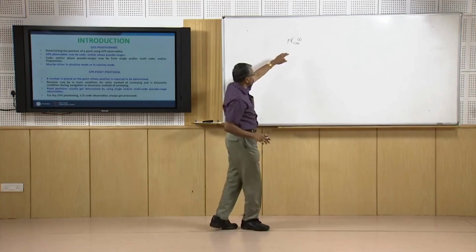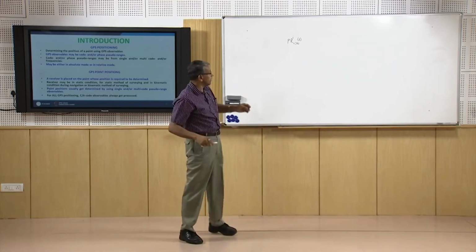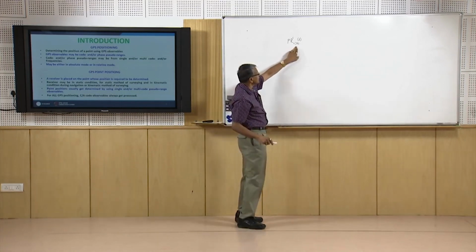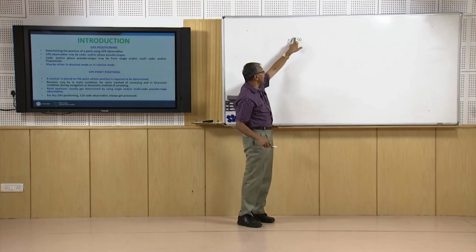So this is the notation I am using for the GPS observable of CA code that is being received by receiver R from satellite i at the epoch of observation t.